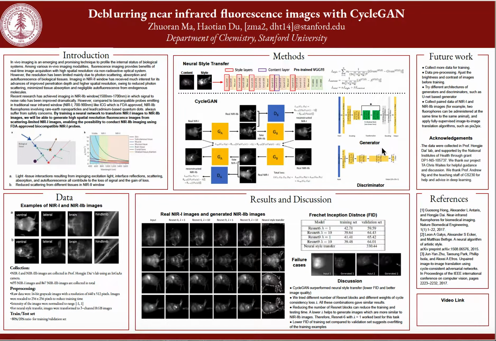The generator consists of 3 different parts. The first part is an encoding network, consisting of 3 convolutional layers. And the second part is a repeated application of several residual network blocks. We use either 6 or 9 residual blocks in our training. This is also another hyperparameter we tune.